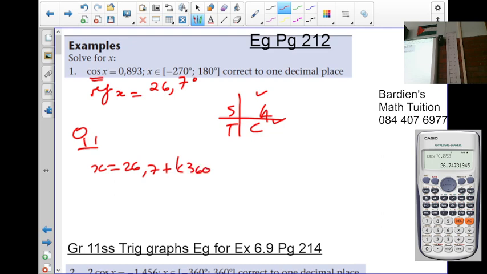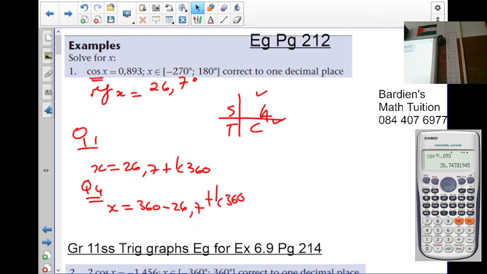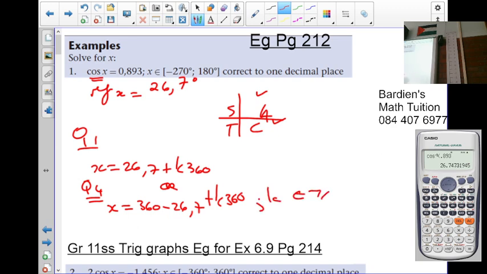Why k times 360? So the period on the cos graph is 360. For quadrant 4, it's going to be x is equal to 360 minus 26,7 plus k times 360. As you can see, the board is jumping around again. Nothing I can do about that. This is for k is an element of integers.